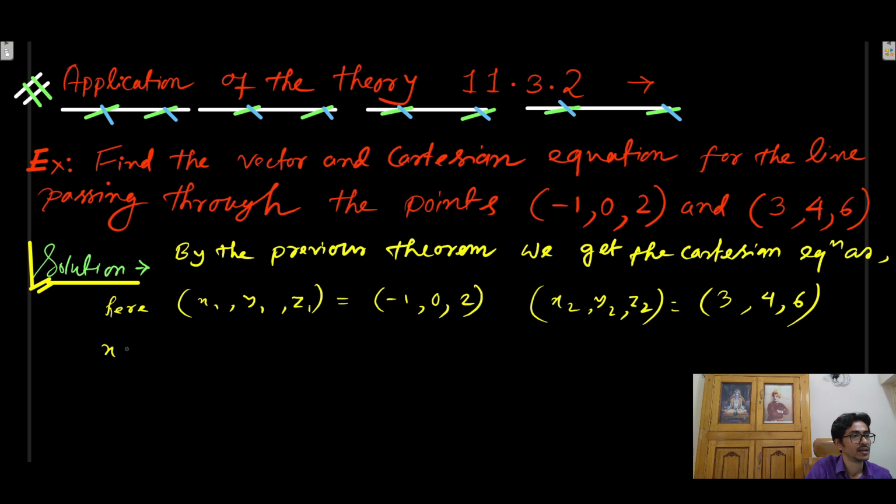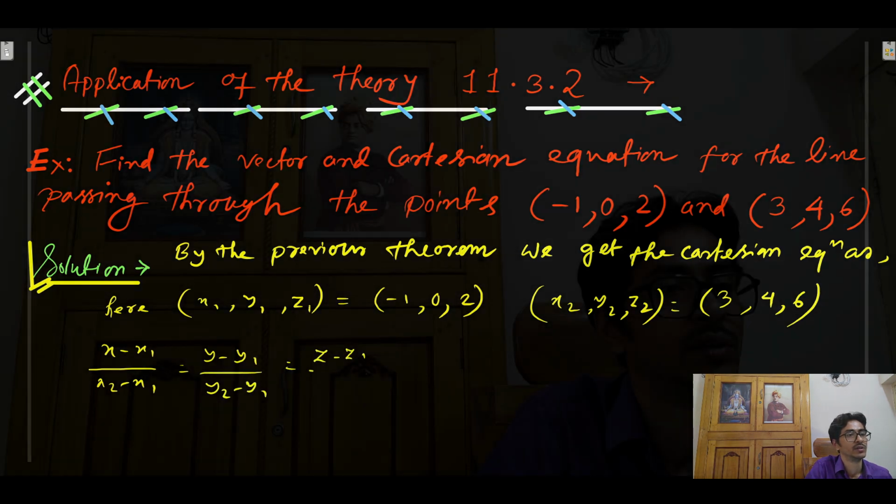So (x minus x1) by (x2 minus x1), (y minus y1) by (y2 minus y1), (z minus z1) by (z2 minus z1). We just put the values into that formula.